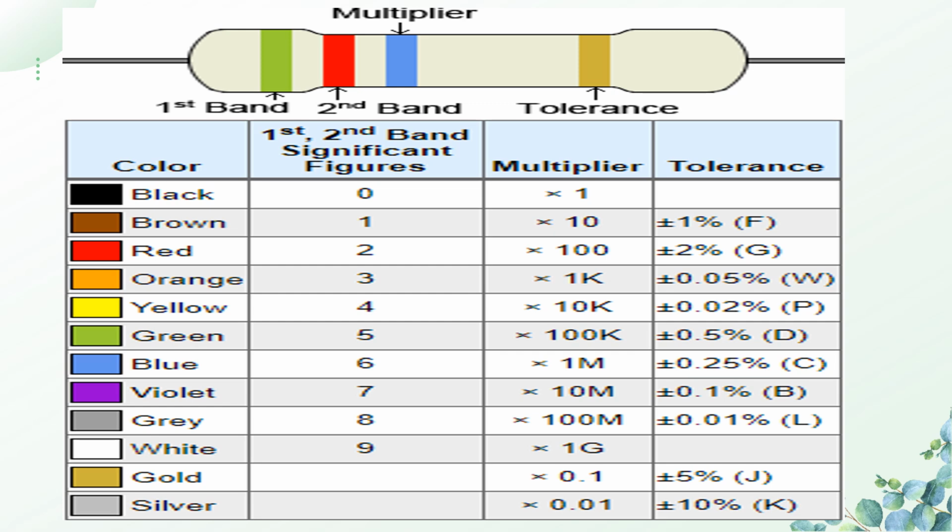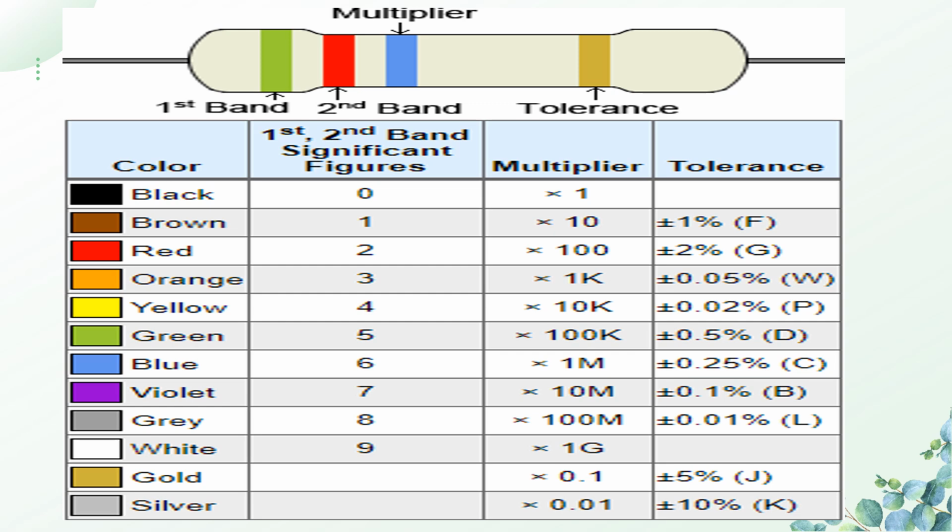Now come to band 3, which is blue in color, and the value corresponding to blue is 6. And it is represented as 10 power 6. So the third band is represented as a power of 10. So the value of this given figure is 52 into 10 power 6. And the last band represents tolerance.